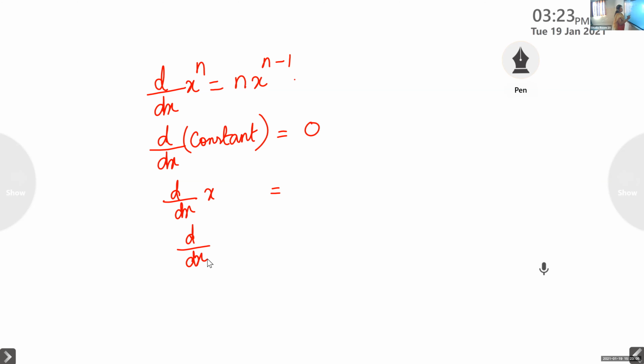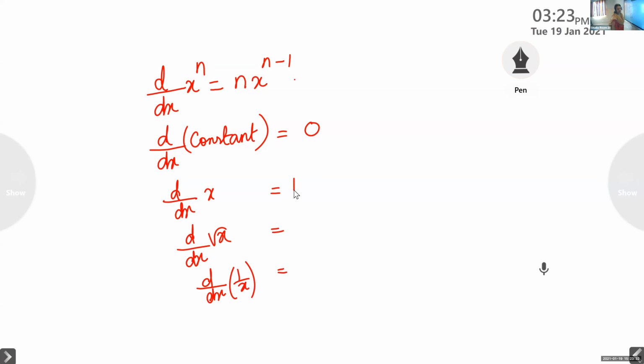What is the derivative of root x? What is the derivative of 1 by x? The derivative of x is 1.